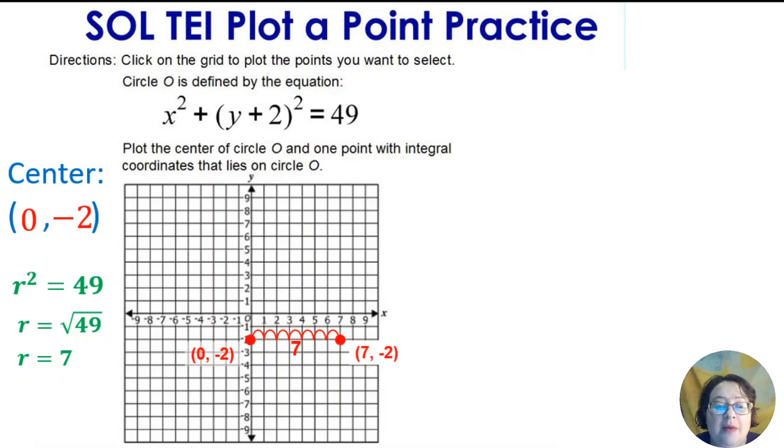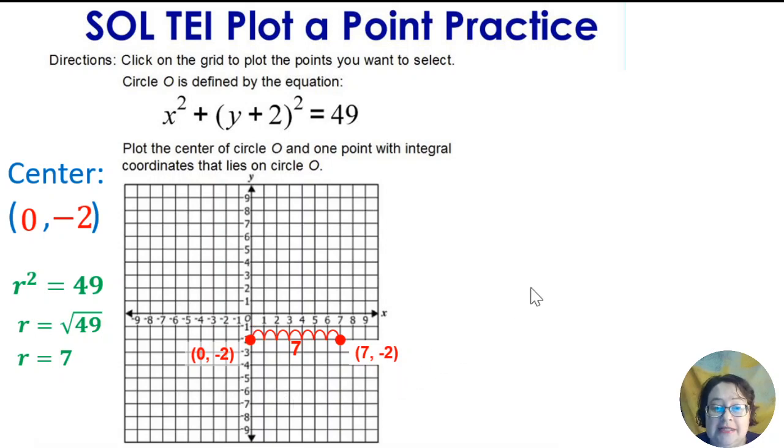And that's where I'm going to put my point, and that's at (7, -2). So that is another point on the circle. I could have gone up, I could have gone left, I could have gone down. And as long as I went 7 in any of those directions along the grid lines, I'm going to land on a point on the circle. So we count along grid lines only.